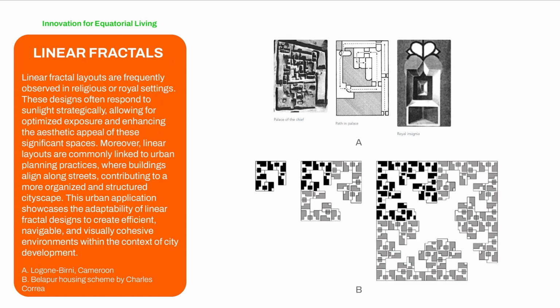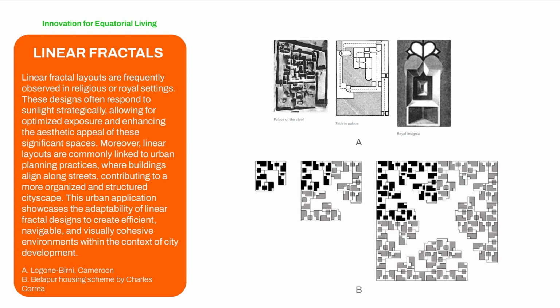Linear fractals, seen in religious or royal settings, respond strategically to sunlight and contribute to organized urban planning. Examples include Logone Birni in Cameroon and the Belapur housing scheme in Mumbai by Charles Correa. The adaptability of these designs creates efficient, navigable, and visually cohesive environments within the context of city development.